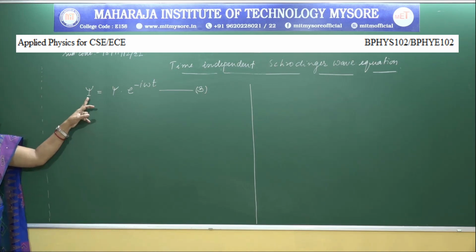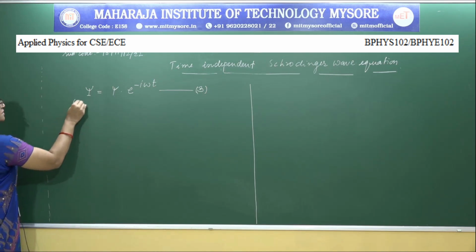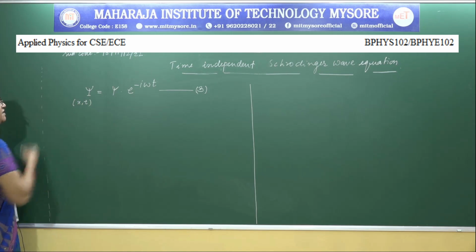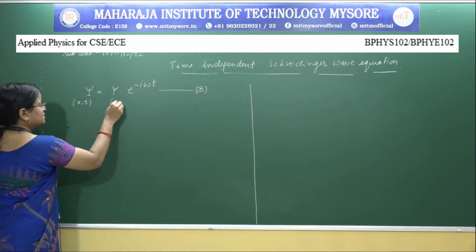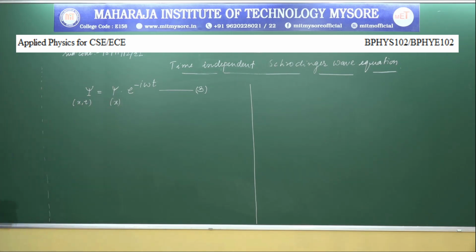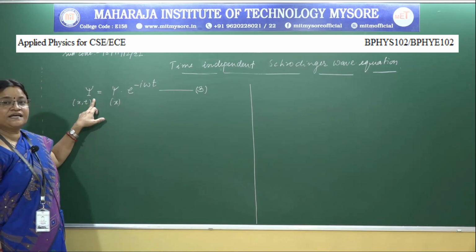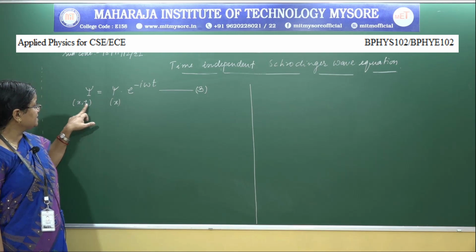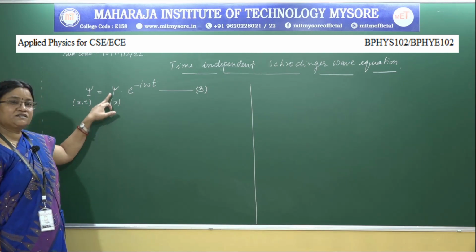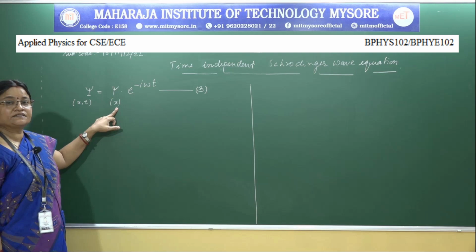Again repeating, capital psi is a function of both x and t, and small psi is a function of x only.